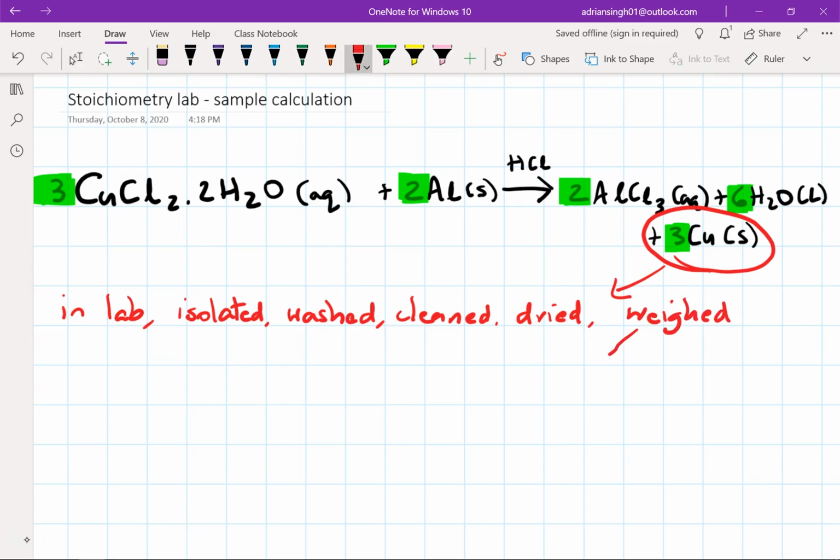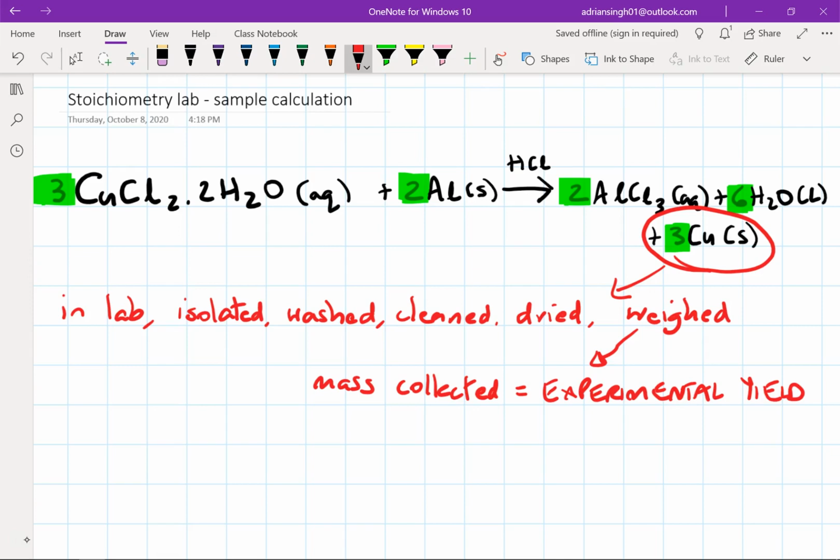All right, so the mass of the copper that you collected, so the mass collected, is known as your experimental yield. Okay, and I think overall people were getting around 0.8 grams or thereabout of the solid copper, the brown stuff at the end.